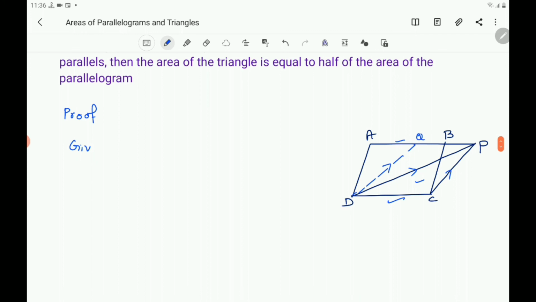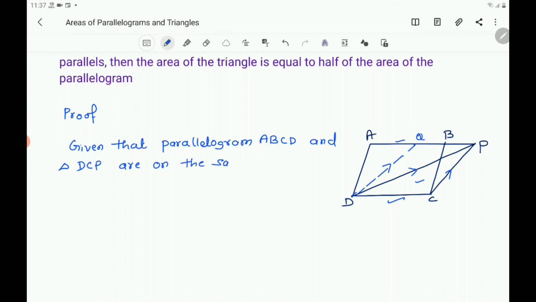Given that parallelogram ABCD and triangle DCP are on the same base DC and between the same parallels, AP parallel to DC.